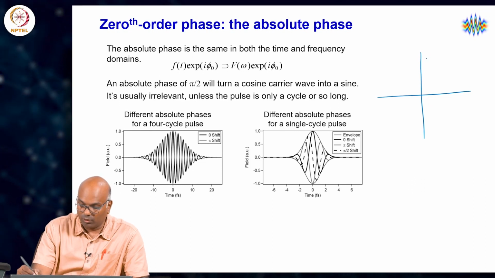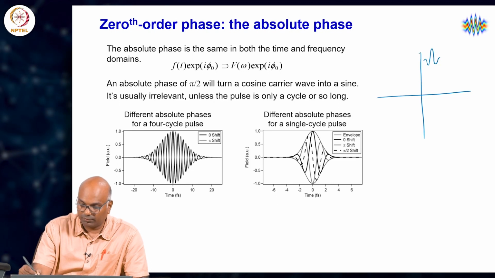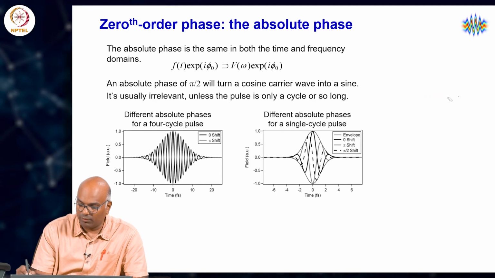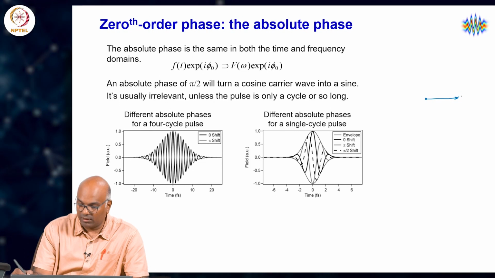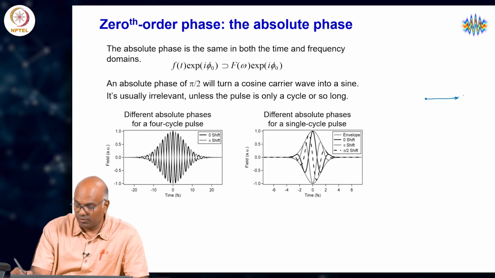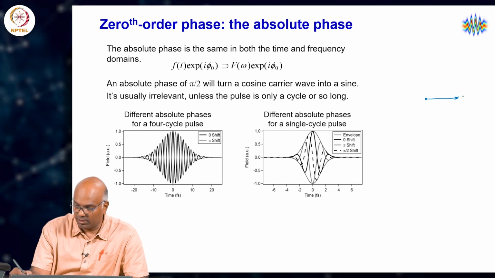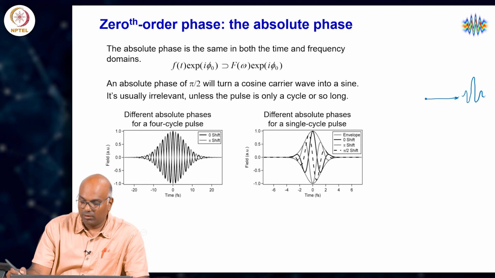So, the cosinusoidal pulse, okay, but this is an angle, right. So, maybe we should sketch it like that. If this is a 0 shift, so then we have the, let me try and sketch this more neatly.